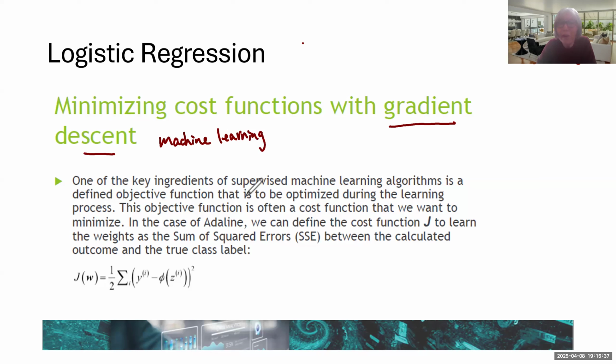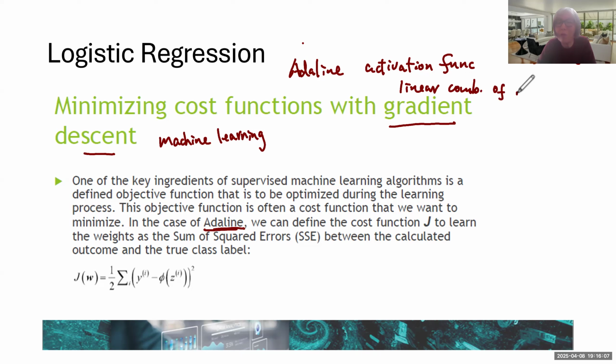I use the case of Adaline. Adaline is also for classification, but instead of using logistic regression, the activation function is basically the linear combination of the weights and the features.